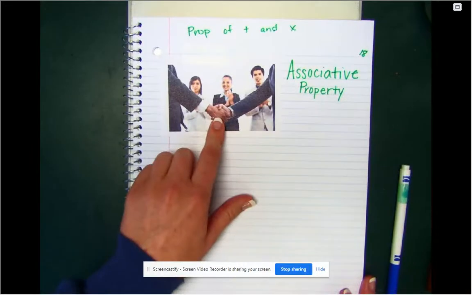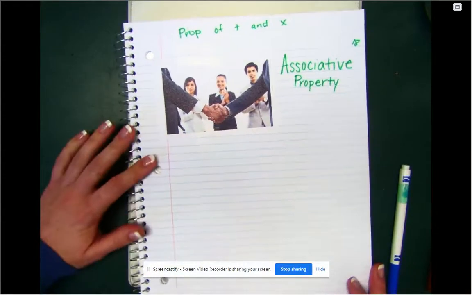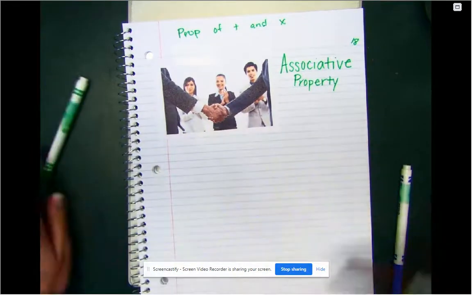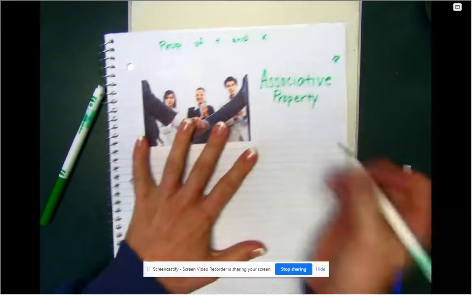Okay, I have this picture of people shaking hands because typically people who work at a business are called associates.